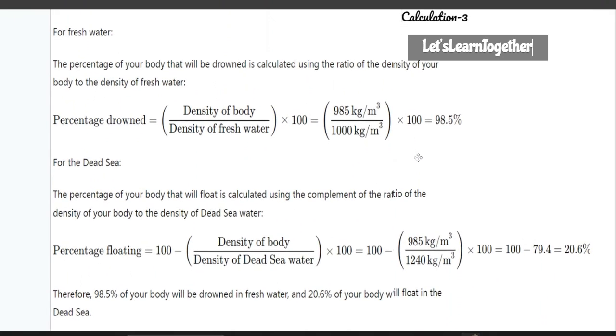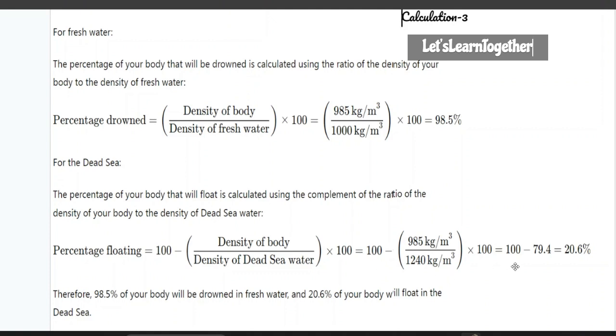So look, in fresh water, the percentage of human body that is drowned is 98.5%, right? And now for the Dead Sea, the same calculation will happen, but here look, we are subtracting this part from 100 because they wanted the percentage of floating, not of drowning, right? That's why whatever result we will get from here, we have to subtract it from 100.